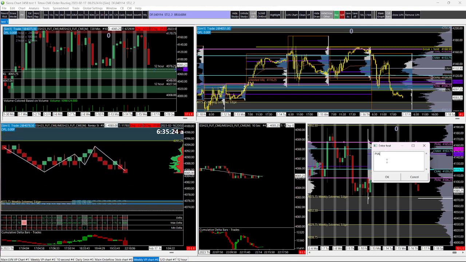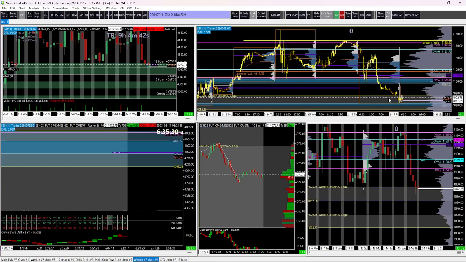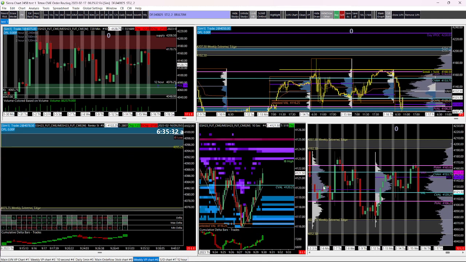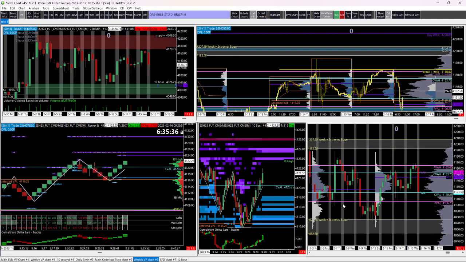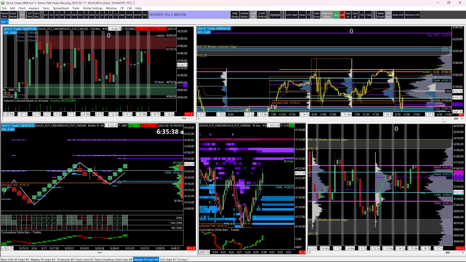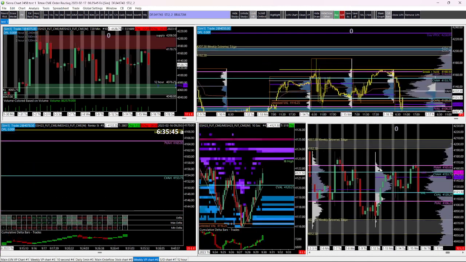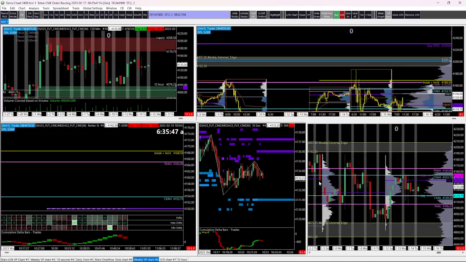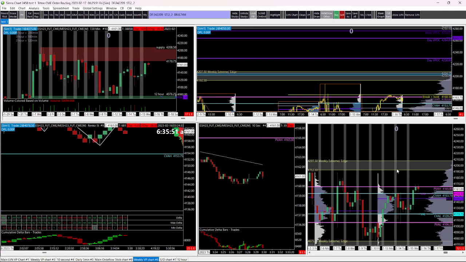The reason I place these previous value area highs on the weekly profile instead of the daily is because if we move back into the range of the previous week, we can either reject it, move higher or lower either way, or we can sit in it and just consolidate. And you see that from this week's range, we just consolidated all the time, and when we tried to break out, consolidated.